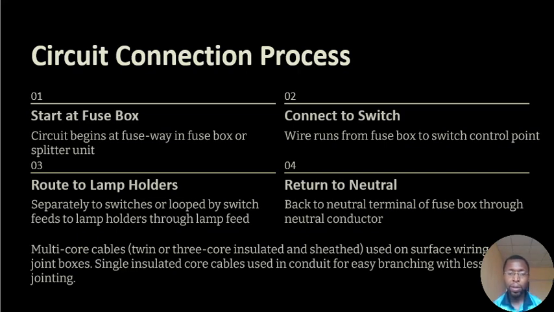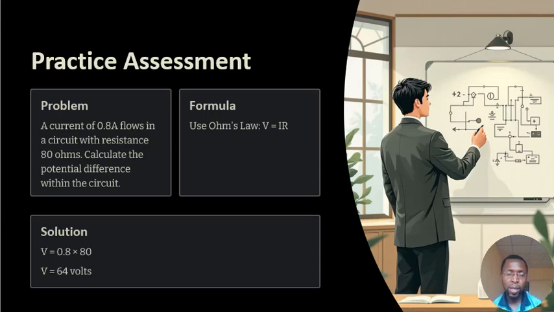All right. Now let's see another practice question here. It says a current of 0.8 ampere flows in a circuit with resistance 80 ohms. Calculate the potential difference within the circuit.